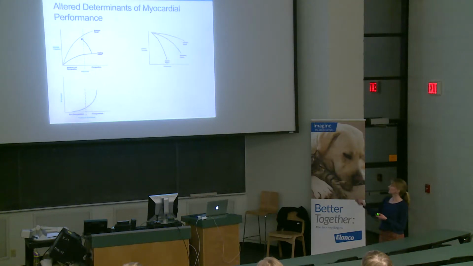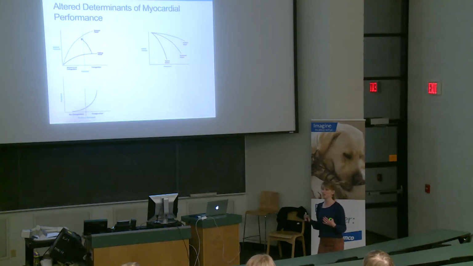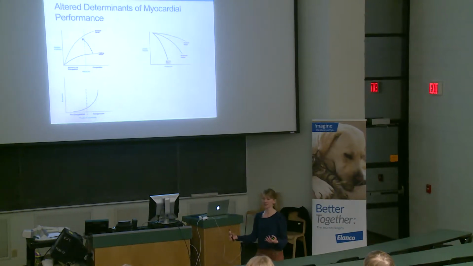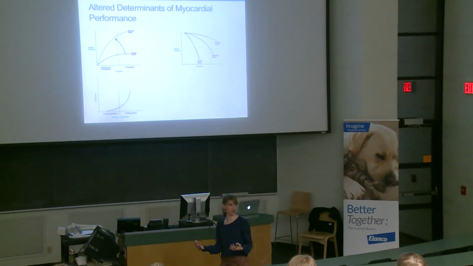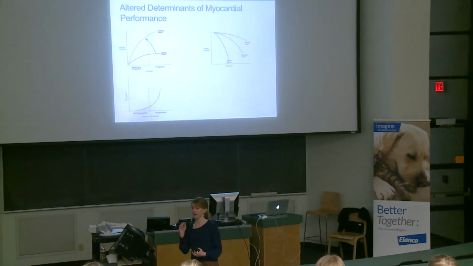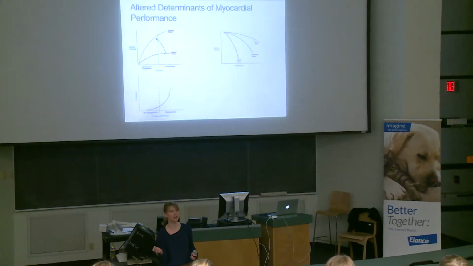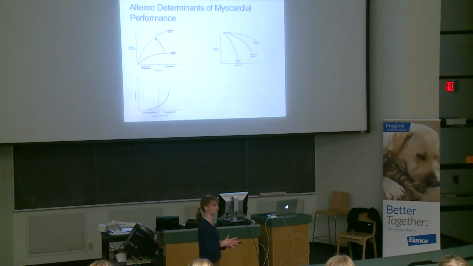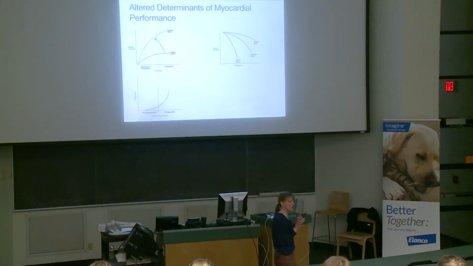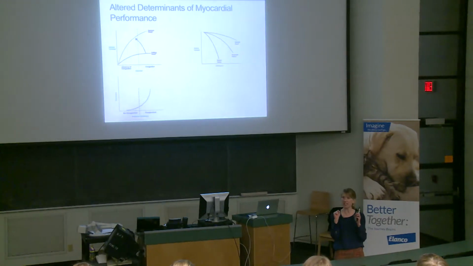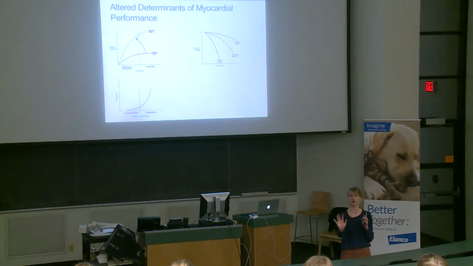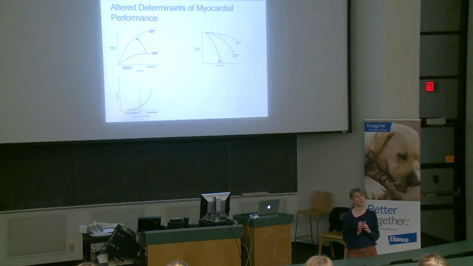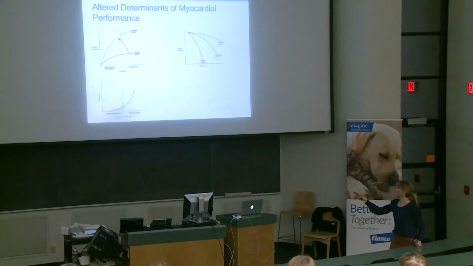What else are we going to target? Afterload. So afterload is another word that we use for an increase in vascular resistance, for instance. So one surrogate for afterload is vascular resistance. Again, we know that there's all these systems turned on that vasoconstrict and increase the resistance against which the heart must pump. So we can see that in a normal heart, look what happens.